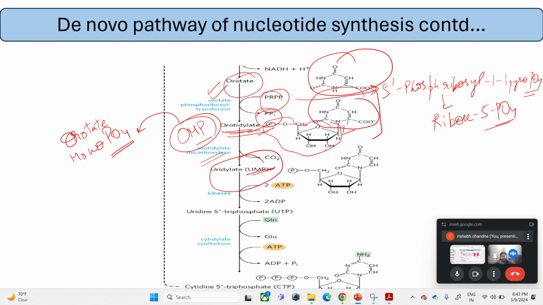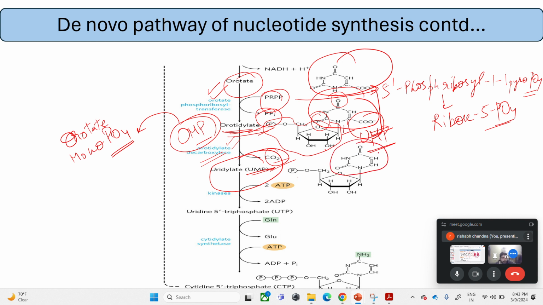So what it does is, because in uridine or the UMP we do not have a carboxyl group, we have the double-bonded oxygen, so we have to remove this particular C=O bond. So the carboxyl group we have to release. So here carbon dioxide is released and this forms the uridine monophosphate with the help of the enzyme orotidylate decarboxylase, releasing one molecule of carbon dioxide. Okay, so now we form the uridine monophosphate.